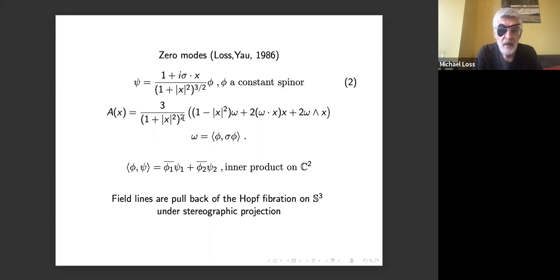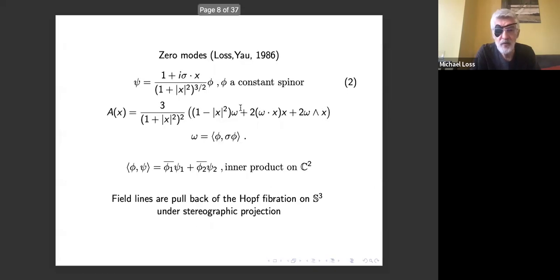You get here a power 4, but this term is exactly the same. And so this is easily seen to be square integrable. It's actually very nice. So these are examples. And of course, many, many more examples of zero modes were found. This sort of generated an industry.